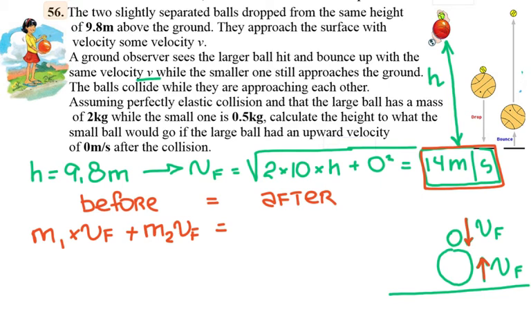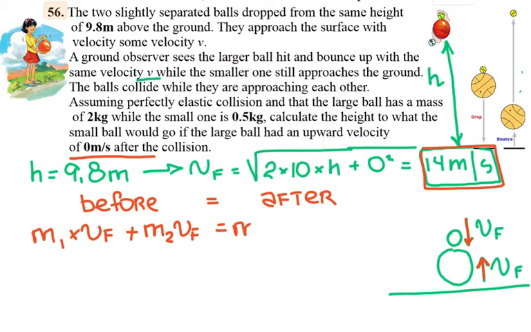Then they say that after the collision, assuming a perfectly elastic collision, the large ball has a given mass, and calculate the height to which the small ball will go if the upward velocity of the big one after the collision is 0 meters per second.